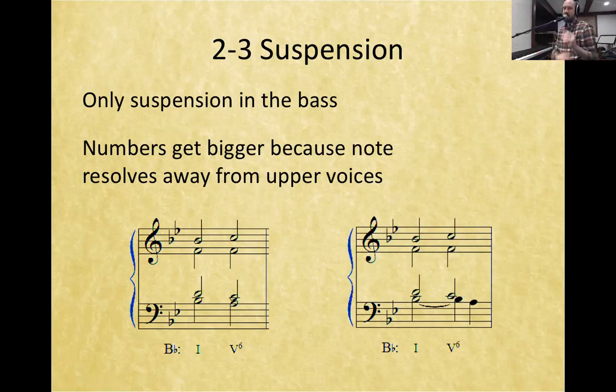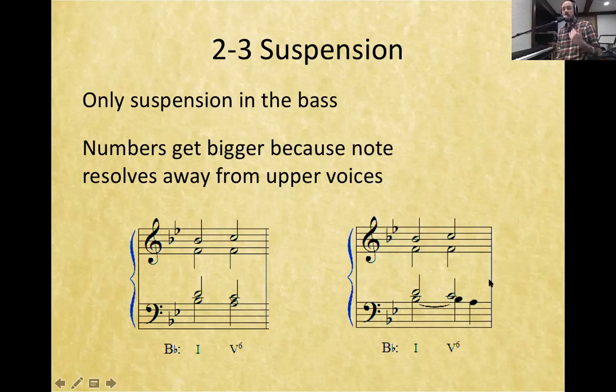And again, the numbers in the label for this, 2-3, get bigger because as the bass moves away, the basses are moving away from the other voices. The intervals between them get bigger, right? So it's a second, and then it's a third.